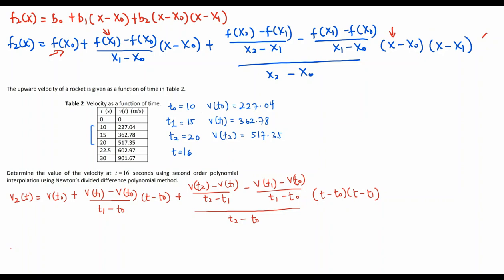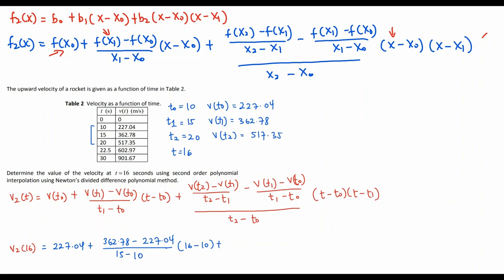So we are going to have v2 of 16 equal to v of t naught, which is 227.04, plus v of t1, which would be 362.78, minus v of t naught, that's minus 227.04, divided by t1 minus t naught, that would be 15 minus 10, multiplying t, which is 16 minus t naught, which is 10, so 16 minus 10, plus, let's look at what you're going to have here.